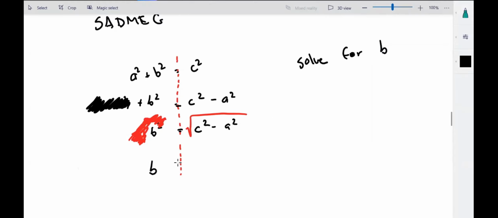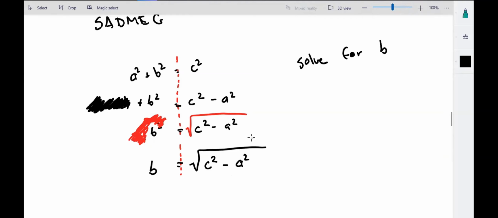And it's going to be very, very tempting, at least I think it's tempting, to cancel out these exponents as well. It's like, well, I did it over here. Why can't I do it over here? But we cannot cancel these exponents because the c squared and the a squared are separated by subtraction. Subtraction and addition really, really limit what you can and can't do when it comes to things like fractions, or in our case, radicals or square rooting.